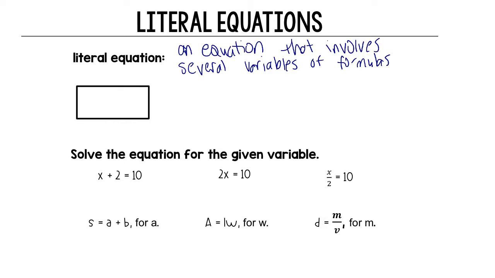So let's imagine we've got this rectangle. It's a standard rectangle, and we're going to call it length times width. Well, we know that the area of a rectangle is A equals length times width.